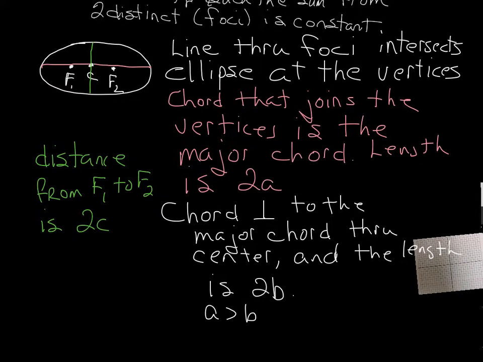And the center's halfway in between. So this distance is c. This distance is b. And this distance is a, when we're looking at the ellipse.